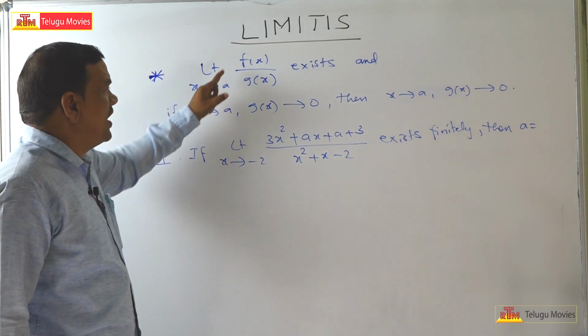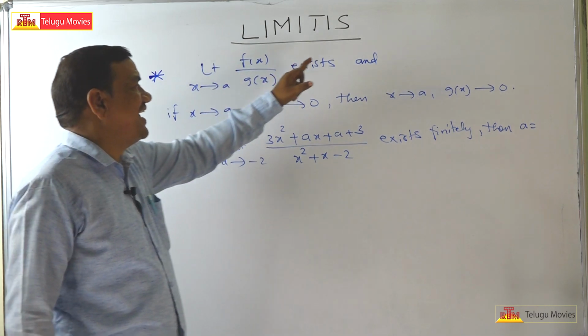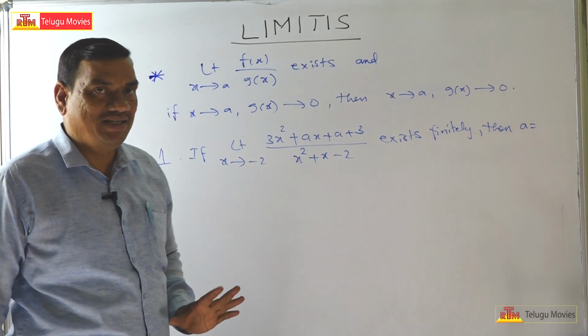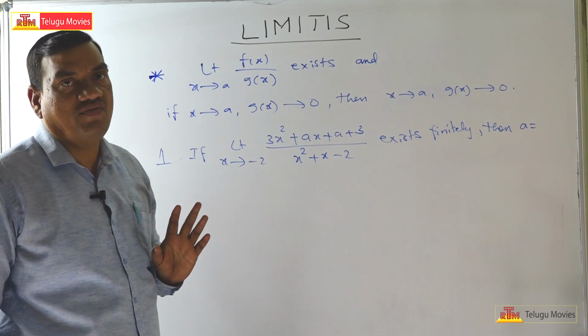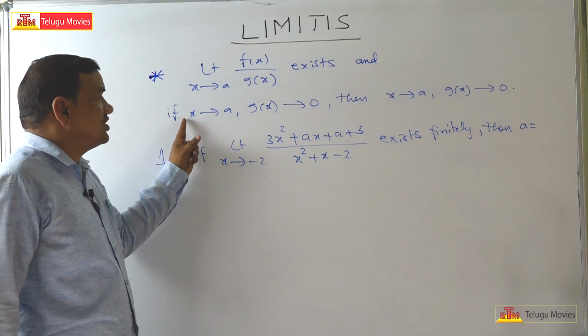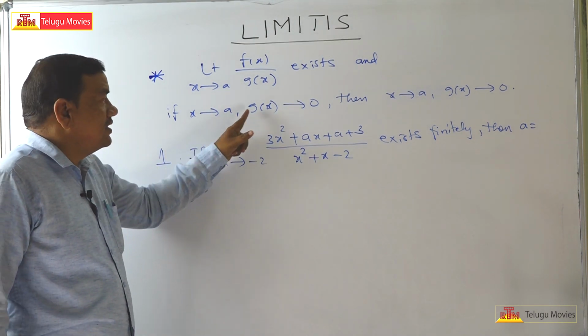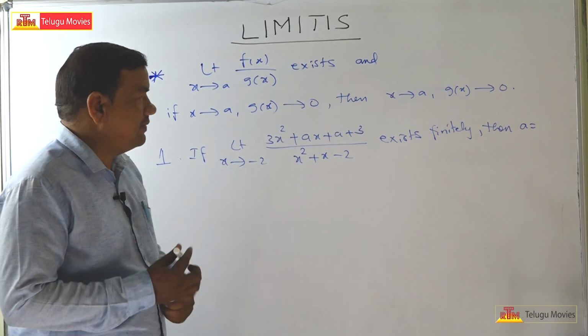The limit as x tends to a of f of x upon g of x exists, meaning we are getting a finite value. And if, as x tends to a, g of x tends to 0, try to understand this concept.